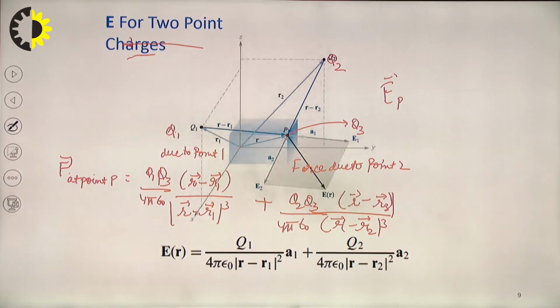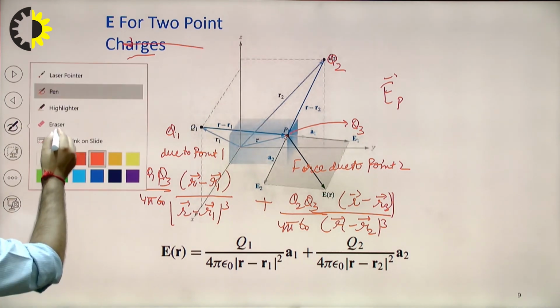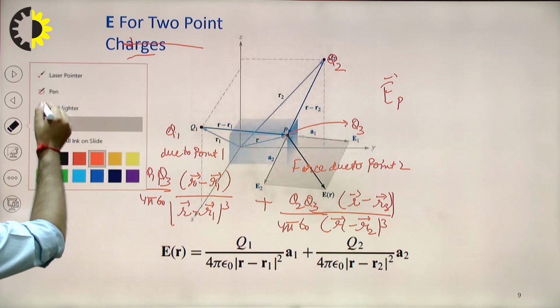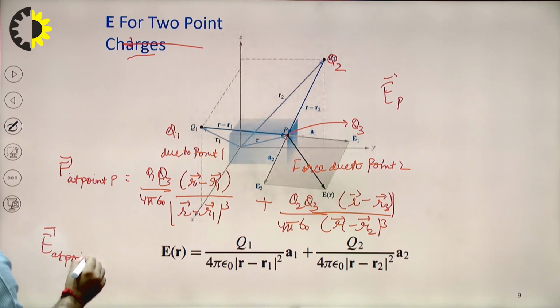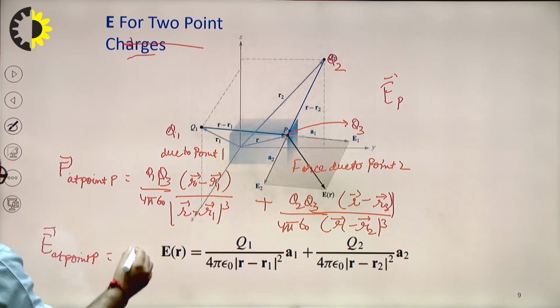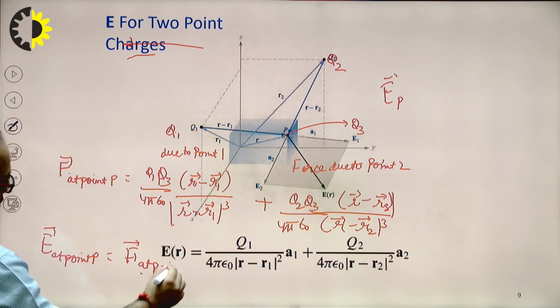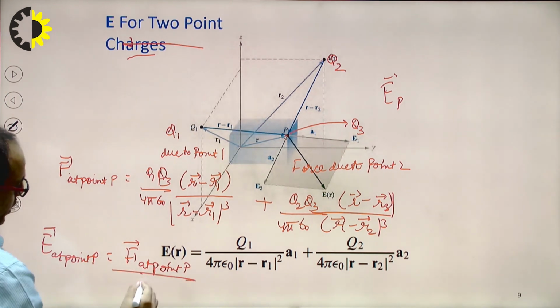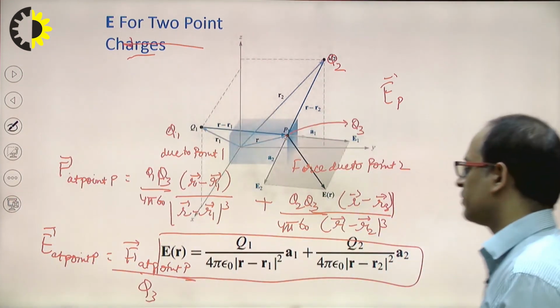Clear? Now we will see that now I want to calculate the electric field at point P. At point P will be equal to force at point P divided by Q3. Then you will get this one. Clear?